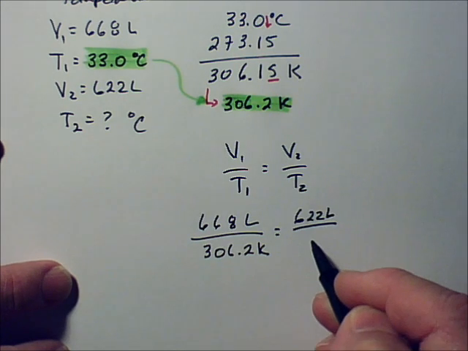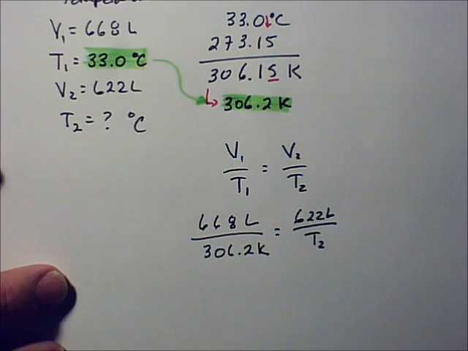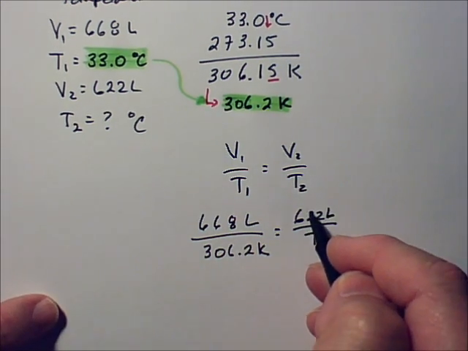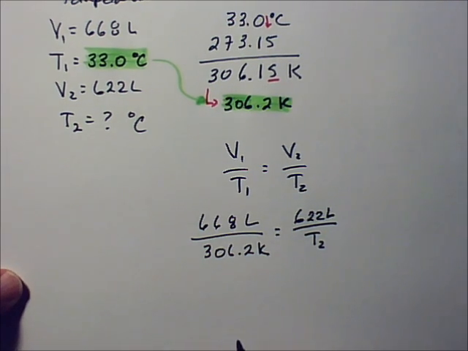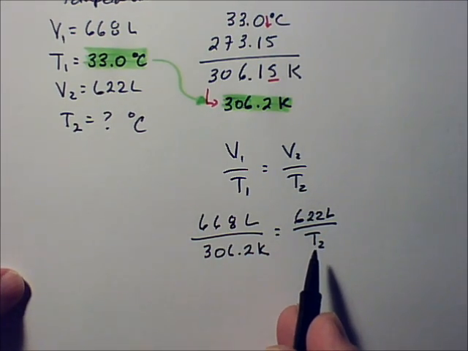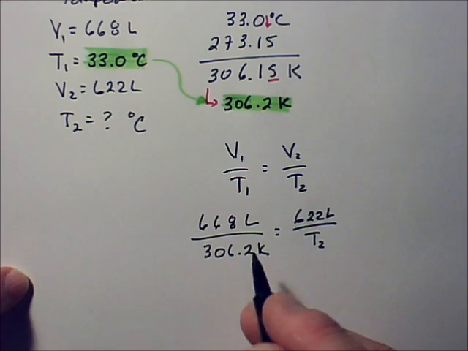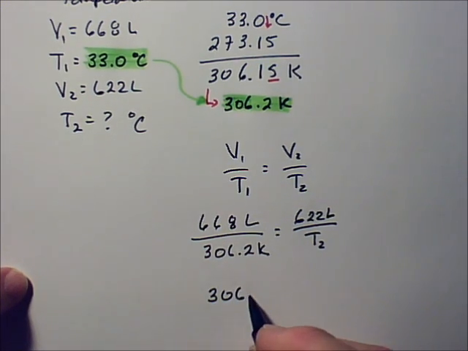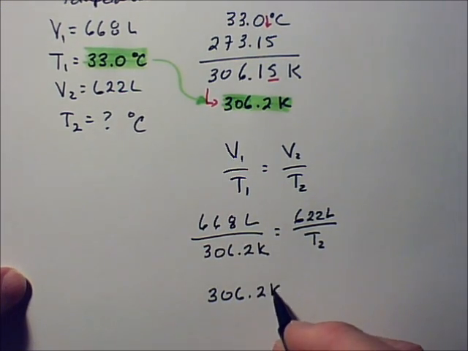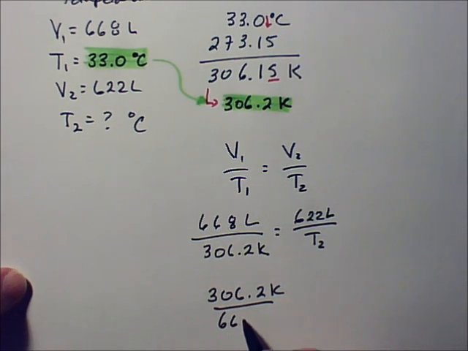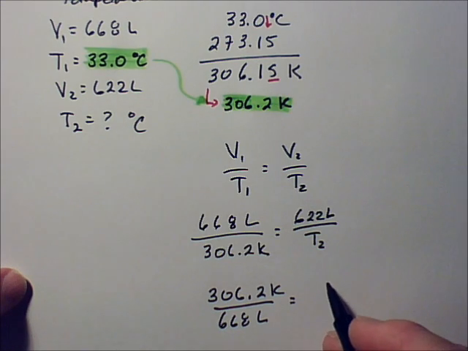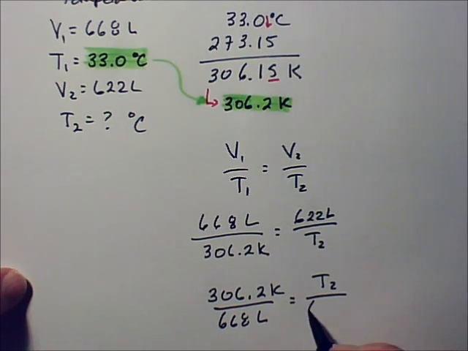And T2 we don't know. So what do I got to do first? Flip it. Can't solve for an unknown that's on the bottom of a fraction directly. So we got to do 306.2 K on top of 668 liters. And on the other side we're going to have T2 on the top and 622 liters on the bottom.